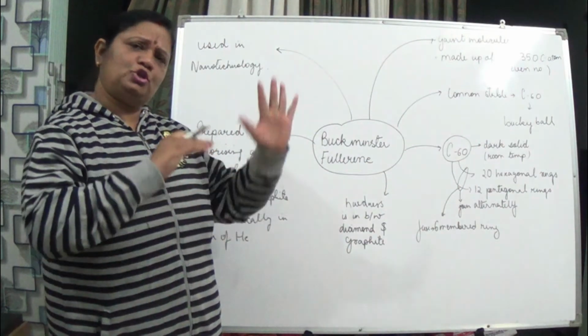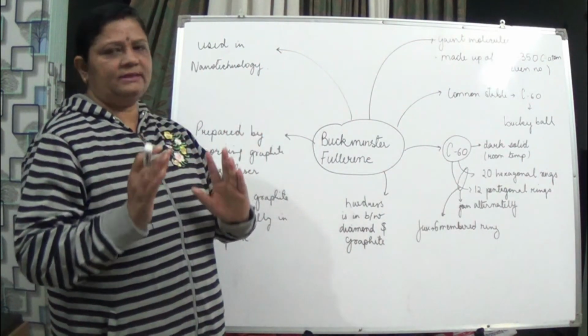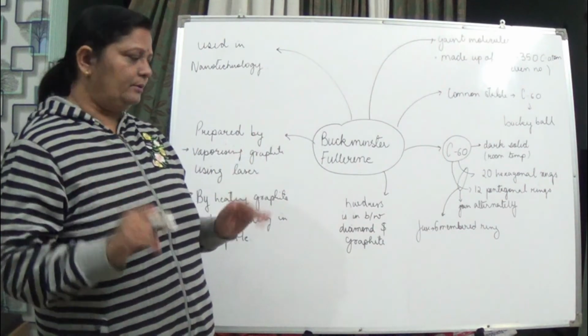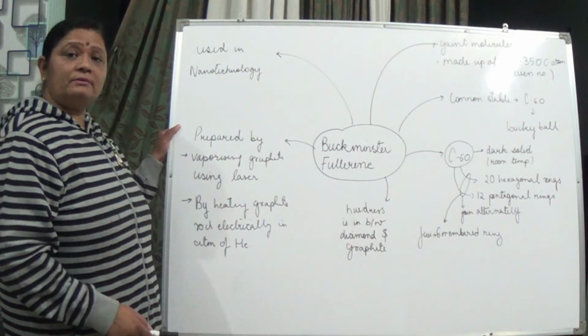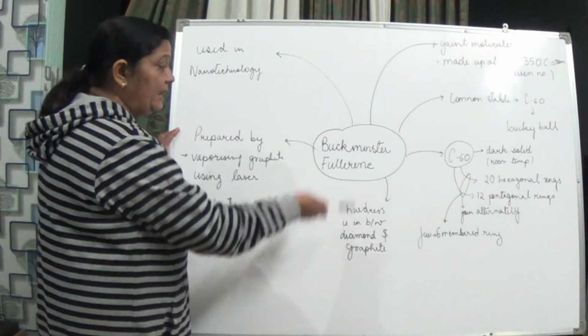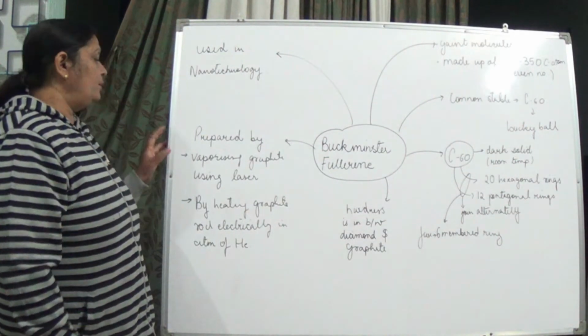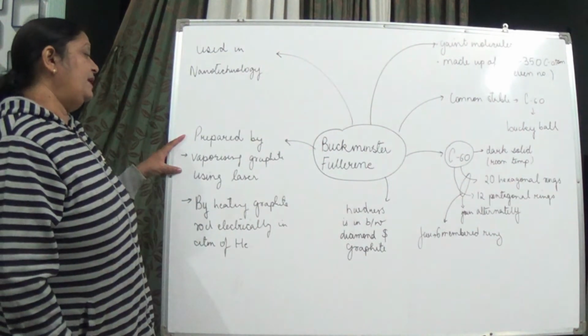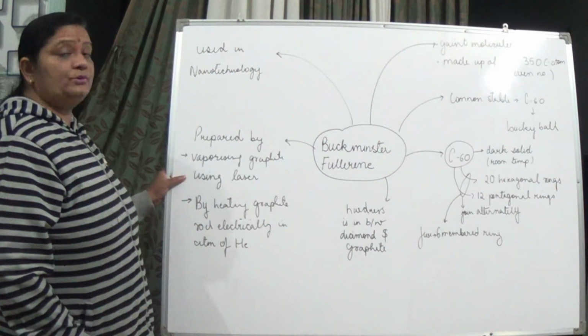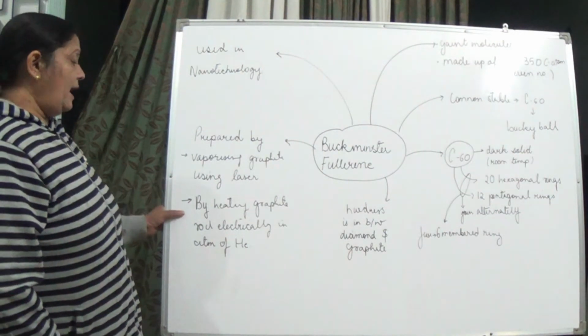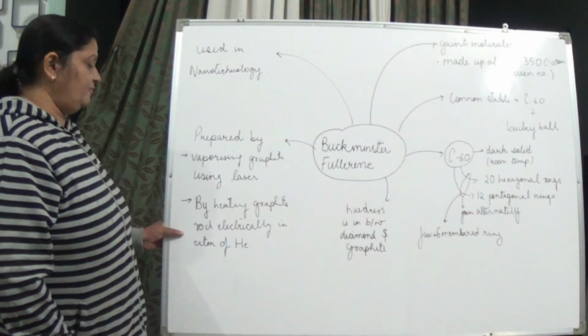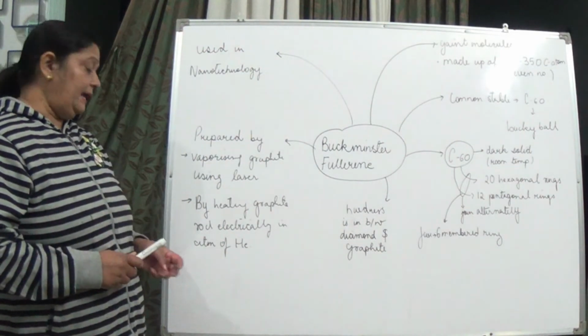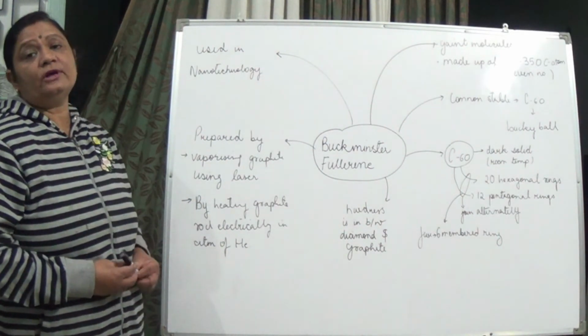It is not as hard as diamond, but it is harder than graphite. It can be made by vaporizing graphite using a laser, and by heating a graphite rod electrically in an atmosphere of helium.